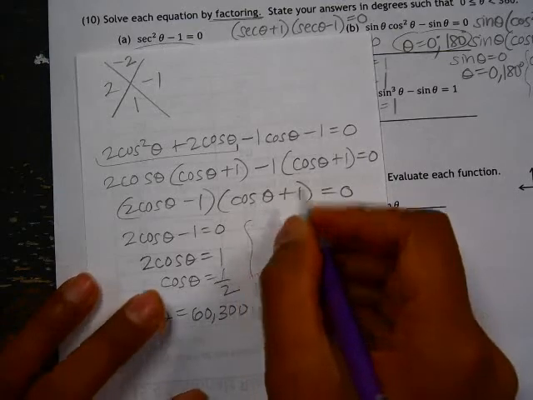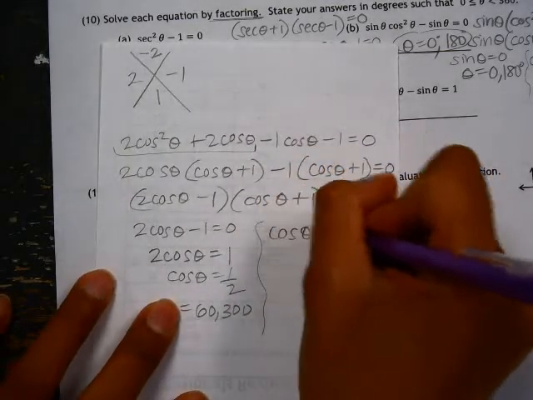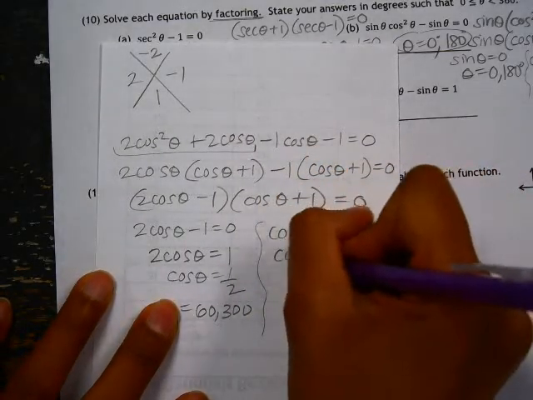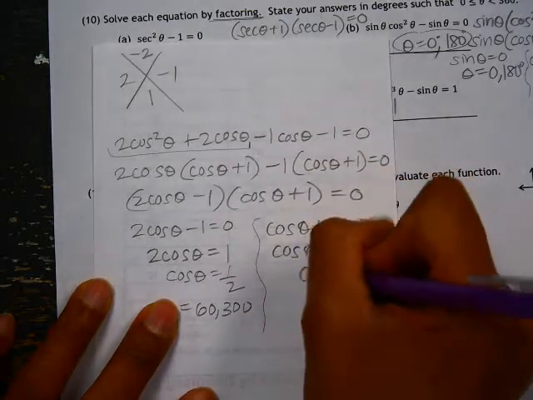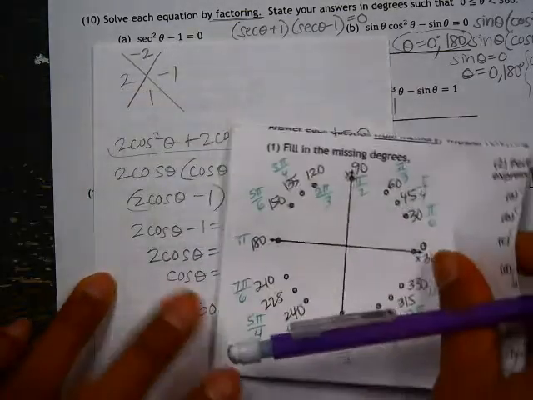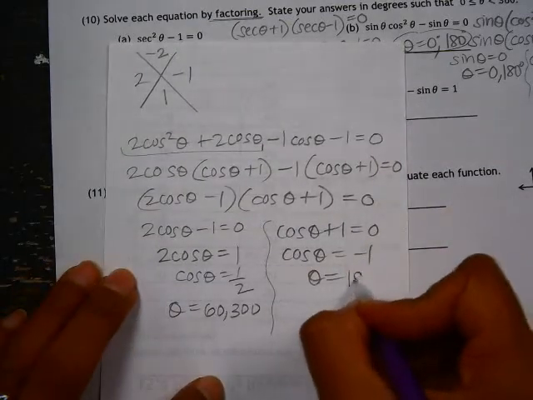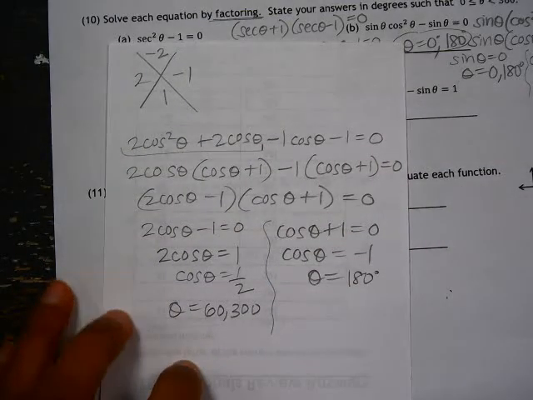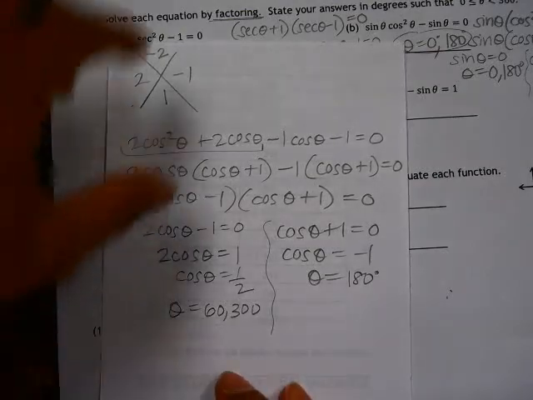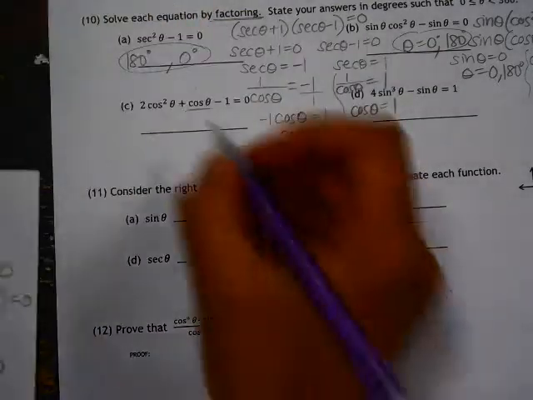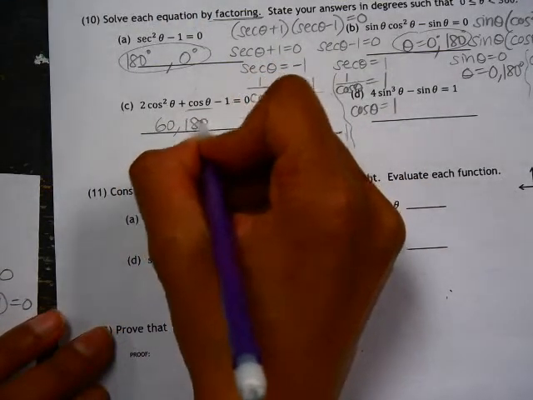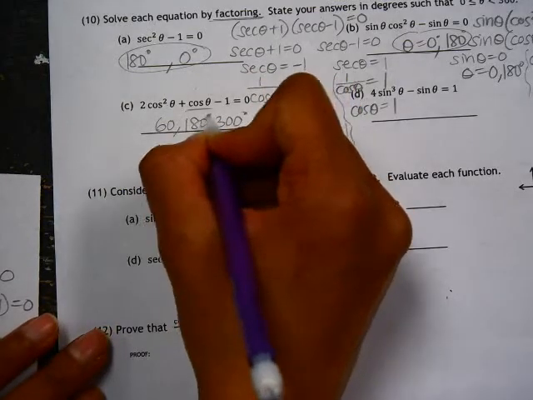And then solving the second equation, if cosine of theta plus 1 equals 0, that means cosine of theta is negative 1, and cosine of theta is negative 1 at 180 degrees. So we have three solutions, 60, 180, and 300 degrees.